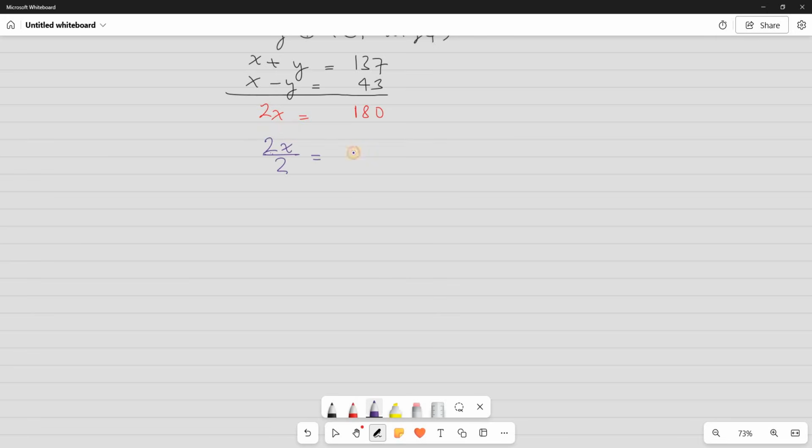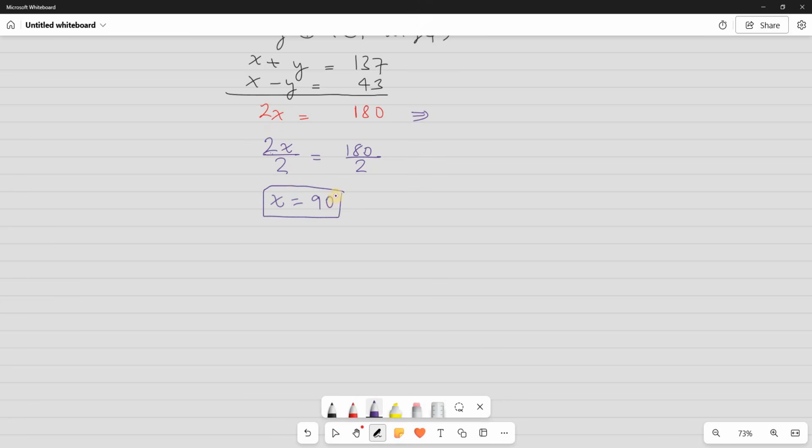You can also say that when 2 is multiplied with x, it goes to the other side and becomes division, so 180 divided by 2 equals x directly.